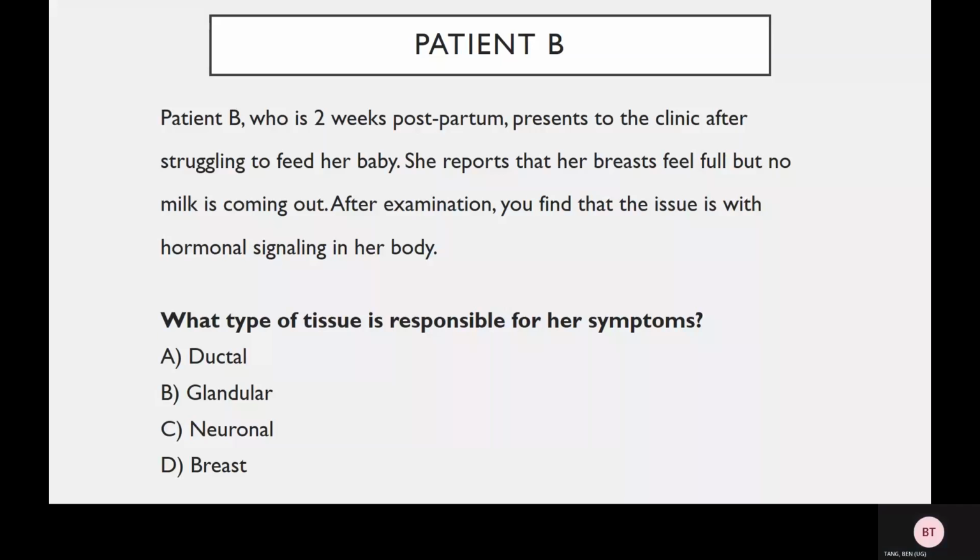So, is it prolactin or oxytocin? Prolactin is involved in the production of milk, which she doesn't seem to have an issue with because her breasts feel full, but no milk is coming out, which is an issue with letdown. So therefore, the issue is with oxytocin, which is produced in the posterior pituitary gland, which consists of neuronal tissue. Hence, it's C.